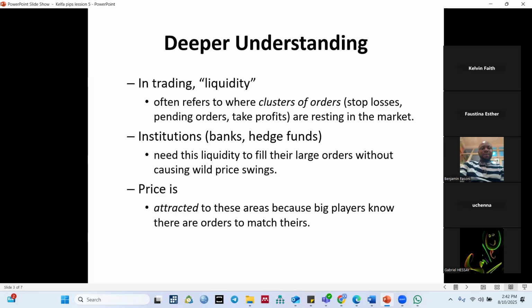So your job will be, when you go on any chart, to ask yourself, where will people's stop losses be? Where will people's buy stops or sell stops be? Once you start asking yourself that question in a particular chart, you'll be getting closer to finding out where liquidity or money is resting.